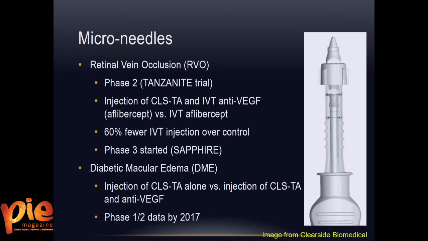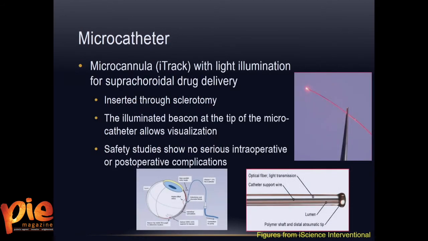And what they found is the combination actually requires 60% fewer injections of anti-VEGF, and with that, they're looking into phase 3 studies. Similarly, they're also looking at diabetic macular edema, looking at suprachoroidal injection of TA alone or in combination with anti-VEGF, and they're expected to have data some time this year.